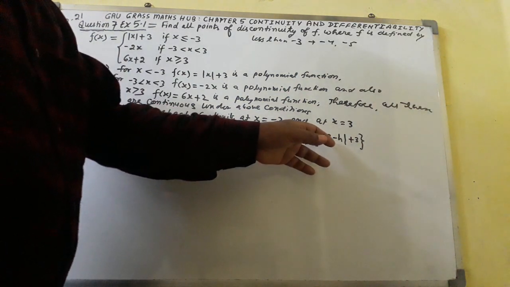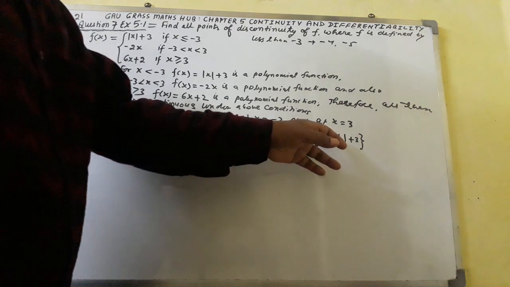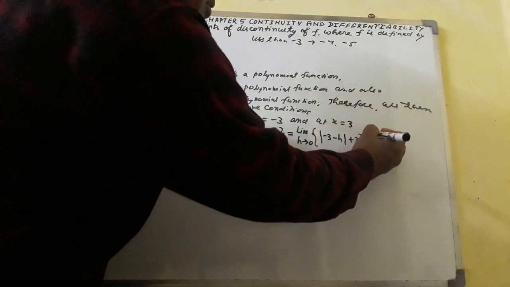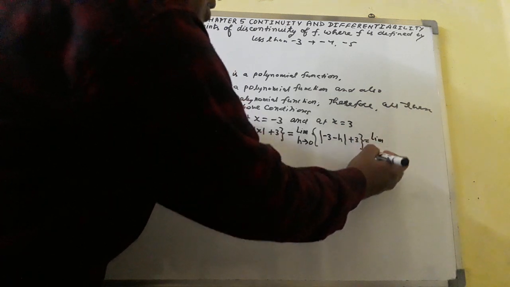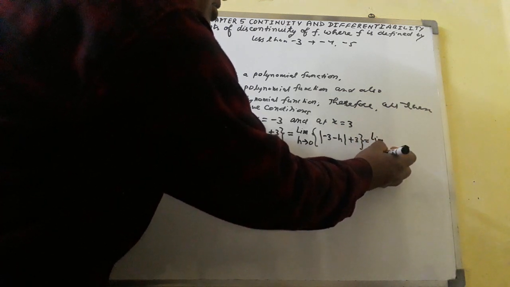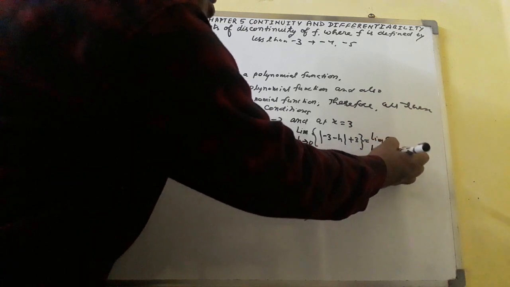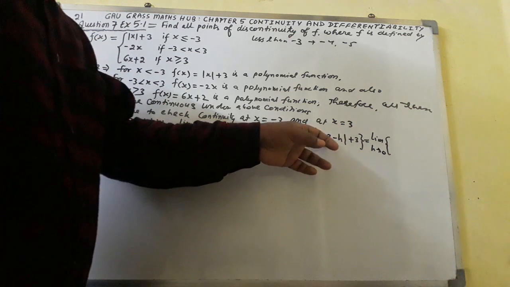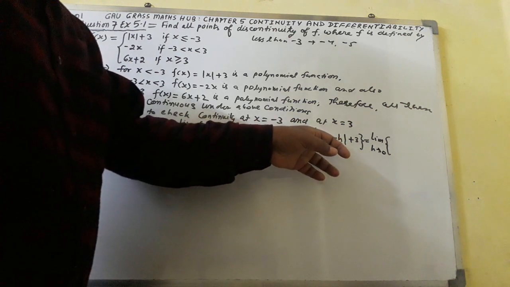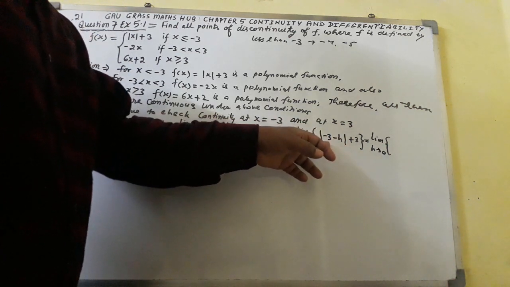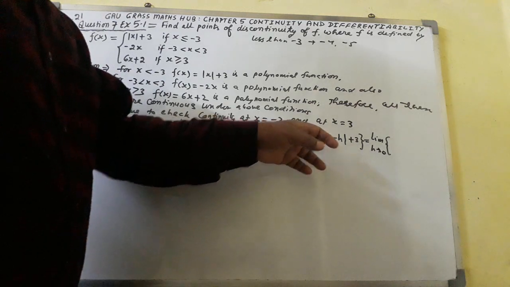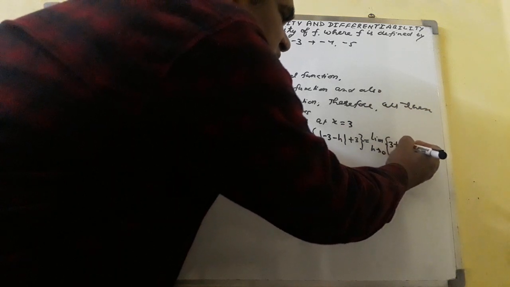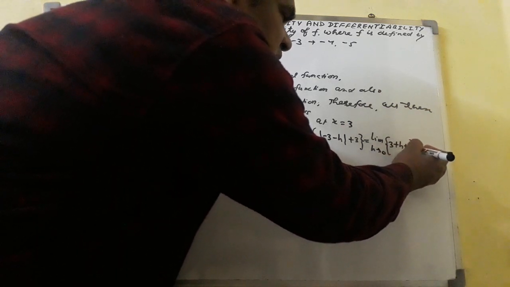You can see the value mod of minus 3 minus h comes out to be, limit h tends 0, and here mod of minus 3 minus h, this value we will get here as 3 plus h. So here 3 plus h plus 3.